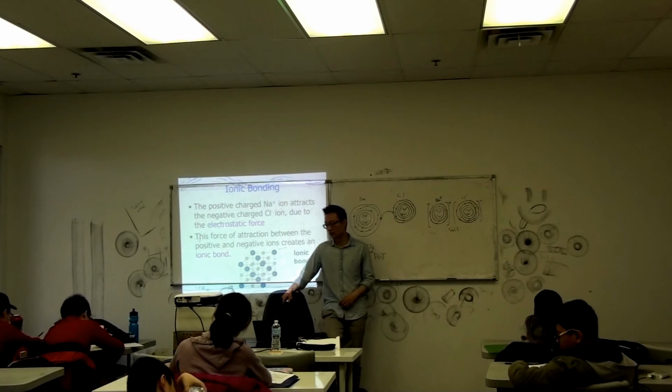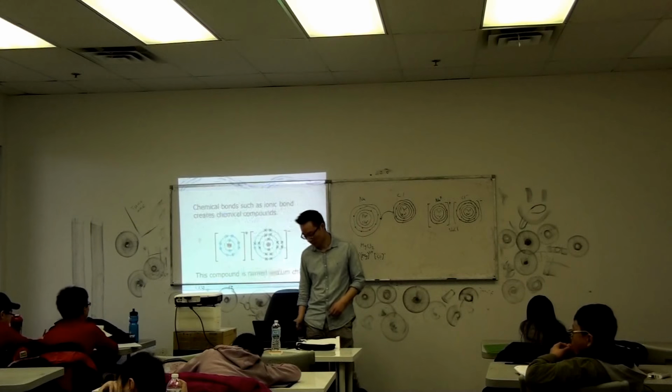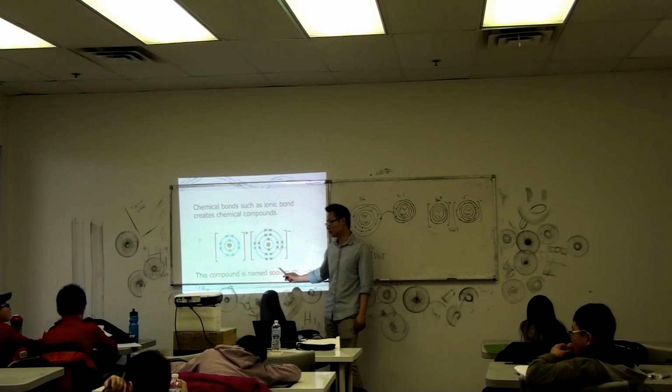When they come together, there's a bond, and they stay together. Between these two atoms there's a bond, and this bond is called ionic bond. This is what I drew here.